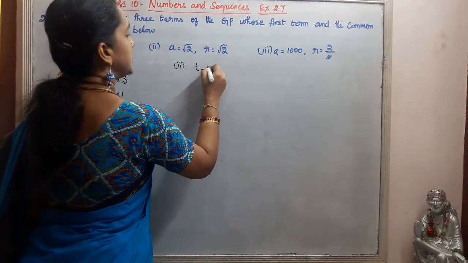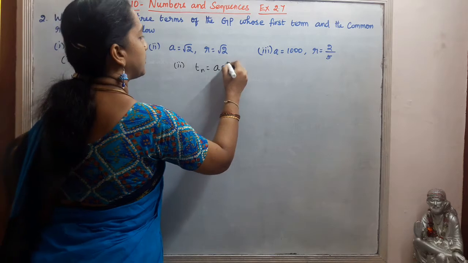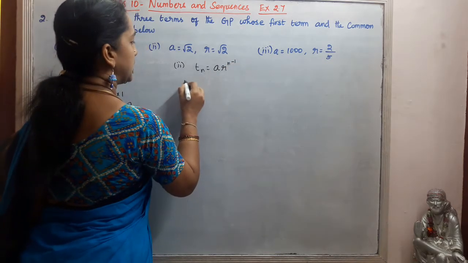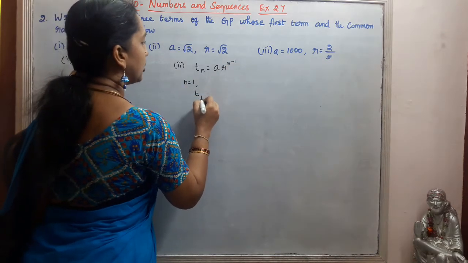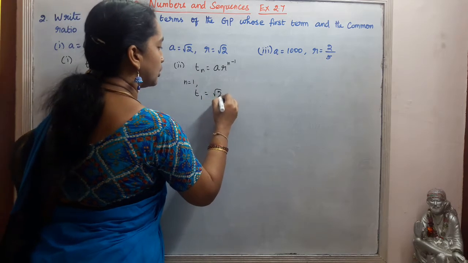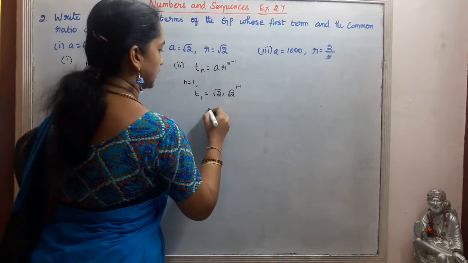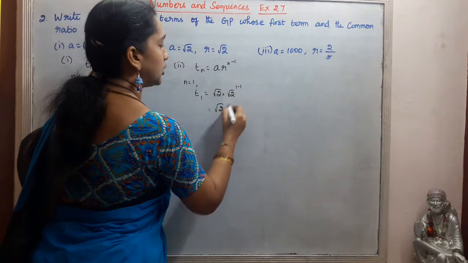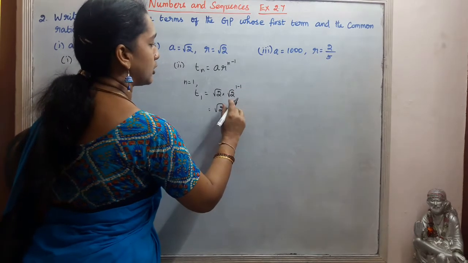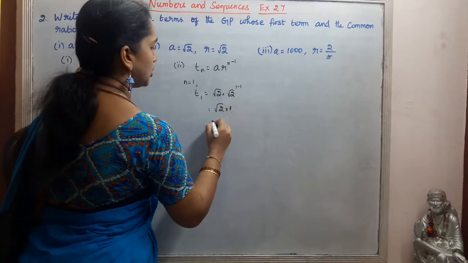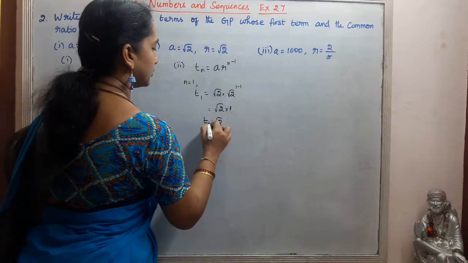So Tn is equal to A into R power n minus 1. So if n is equal to 1, T1 is equal to root 2 into root 2 power 1 minus 1. So that is root 2 into power 0, anything power 0 is 1. So T1 is root 2.